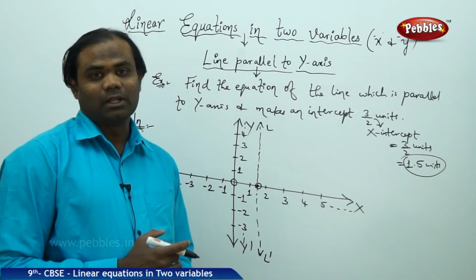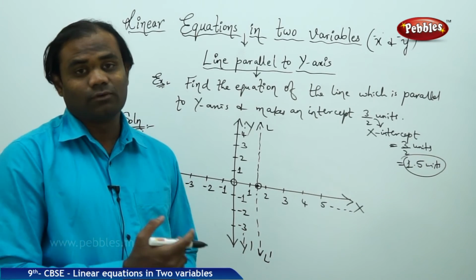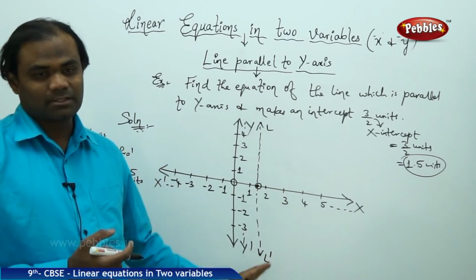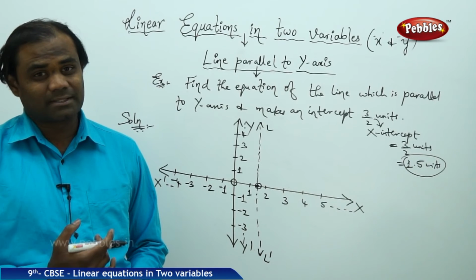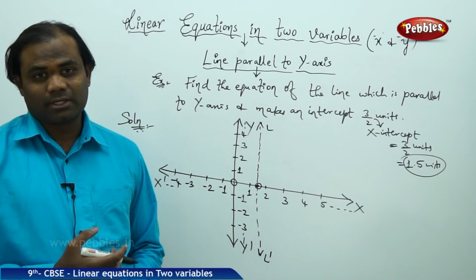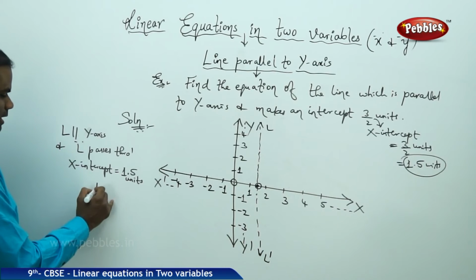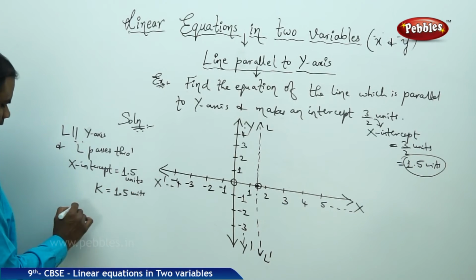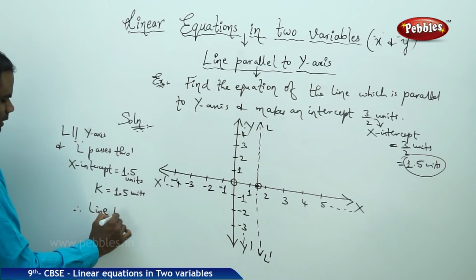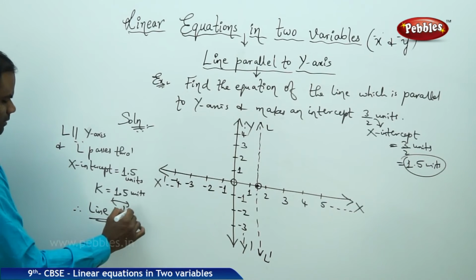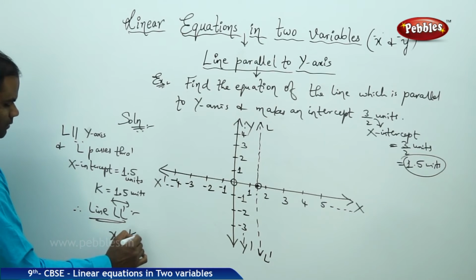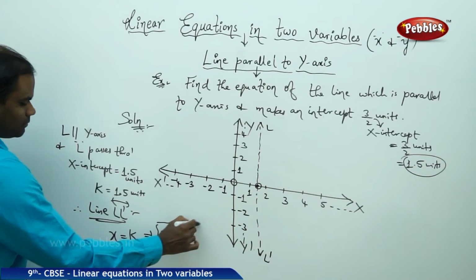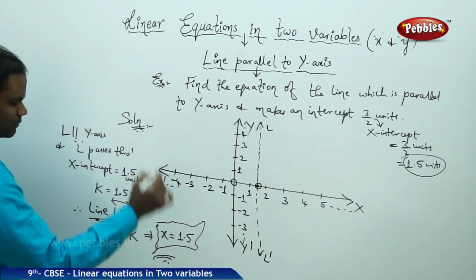So let's use the formula. Now comes the importance of the formula. As we have seen in the previous session, any line parallel to y-axis and passing through k units being the x-intercept is x equal to k, and therefore my x-intercept, which is k, is identified to be 1.5 units, and therefore line L dash is given by x equal to k, that implies x equals 1.5.